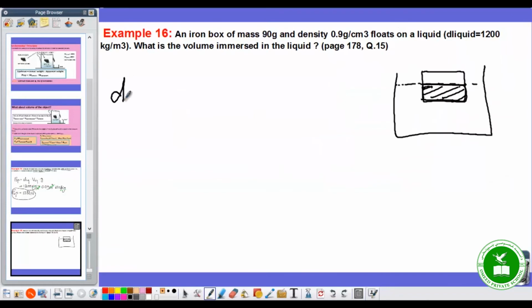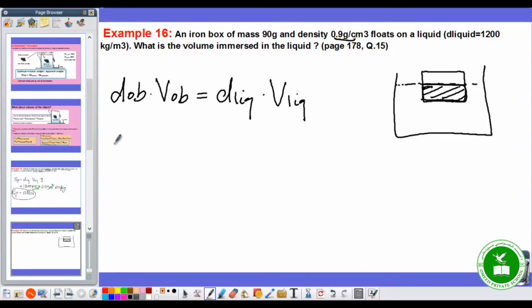So density of object into volume of object is equal to density of liquid into volume of immersed, displaced liquid. Here density of object is given, volume of object is not given, but instead of volume of object, can we write mass of object divided by density of object?